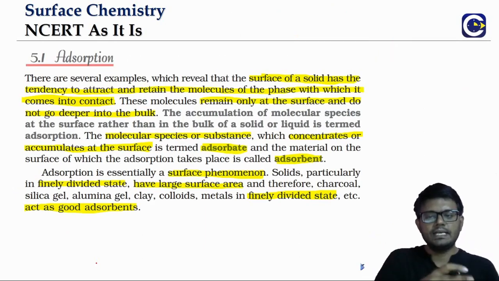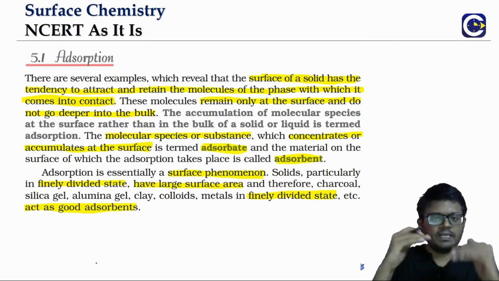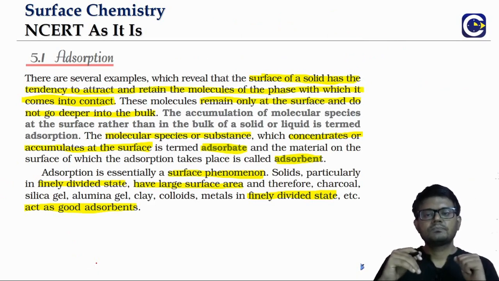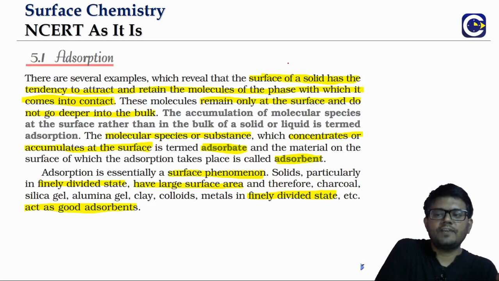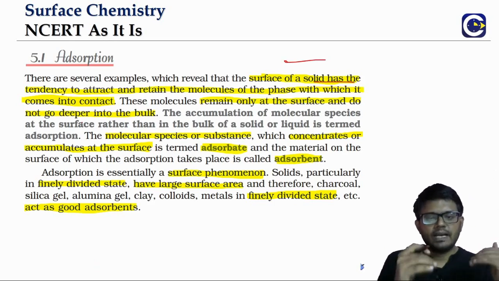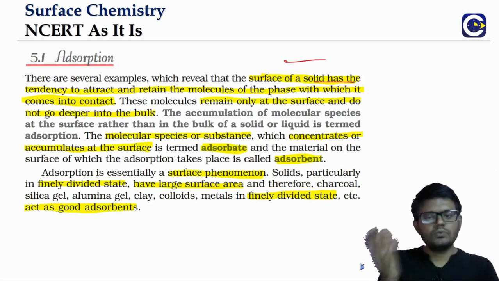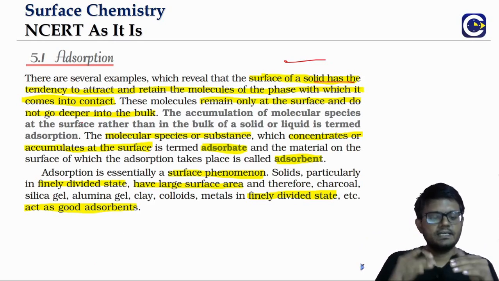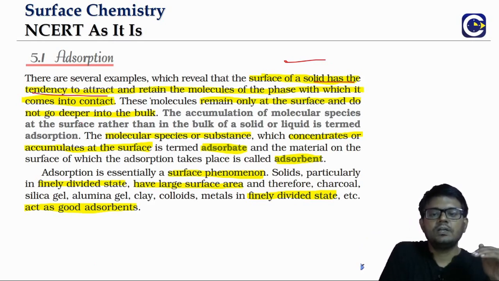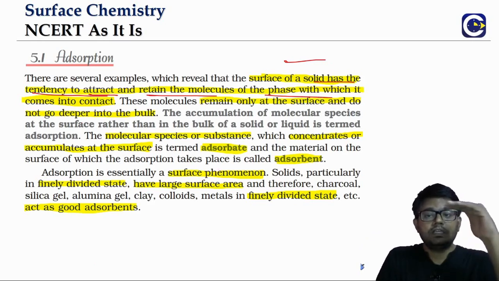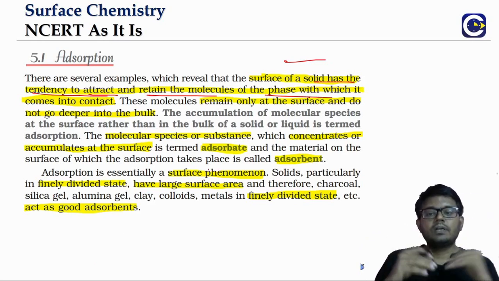What is adsorption? As we said, it's a phenomenon that happens at the surface. When you look at the surface of a solid, what is observed through various experimental studies is that the surface of the solid has a tendency to attract and retain the molecules of the phase with which it comes into contact.